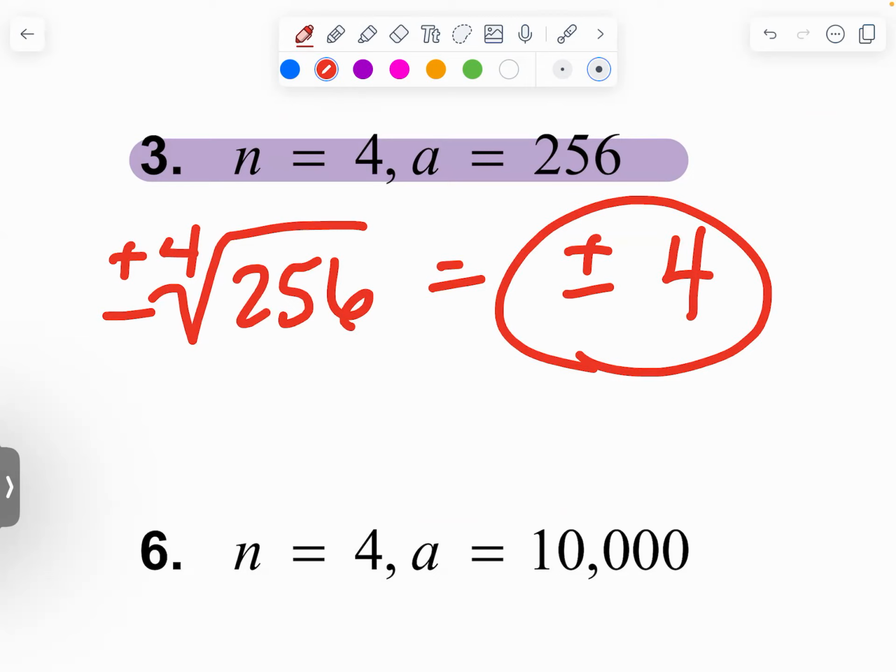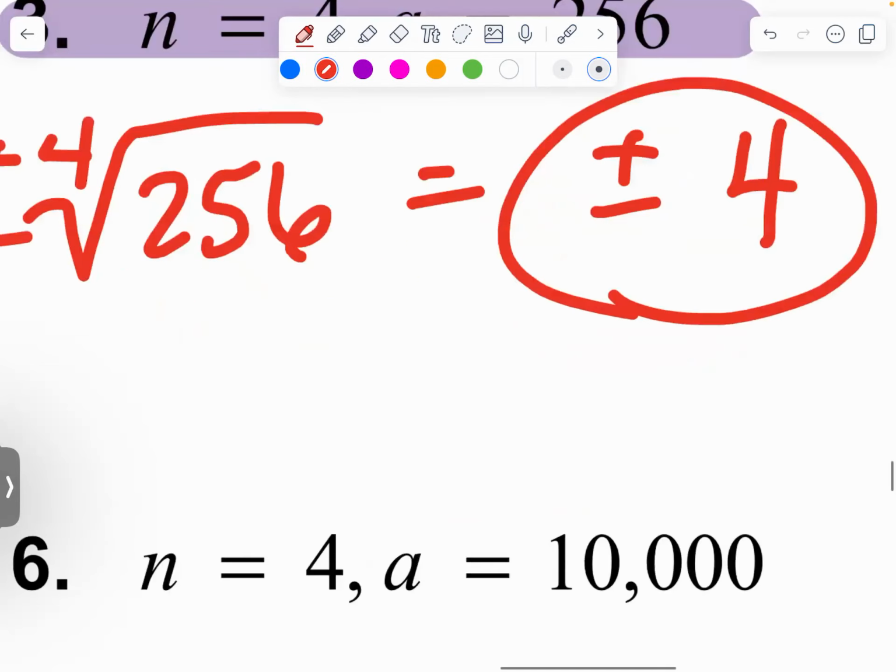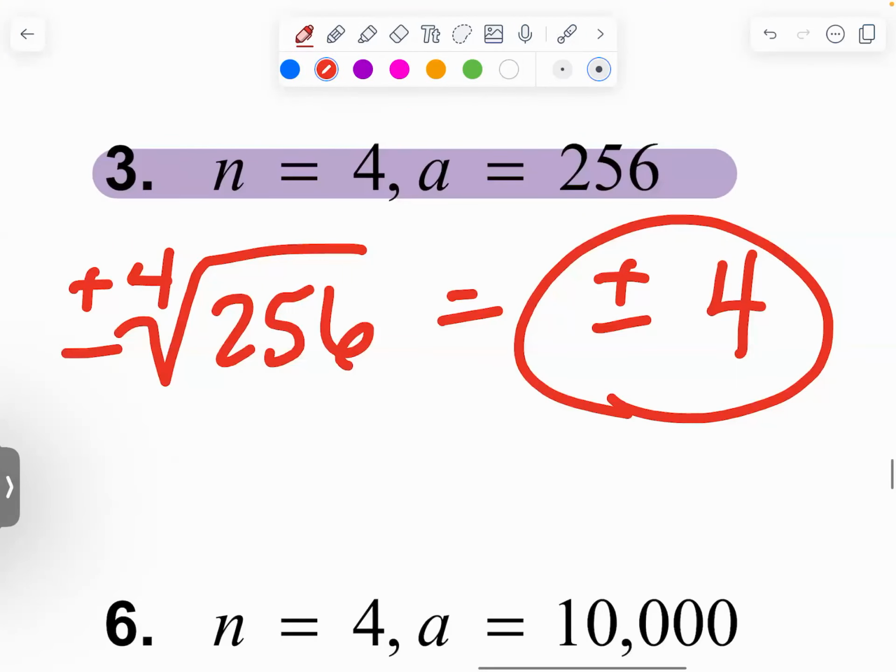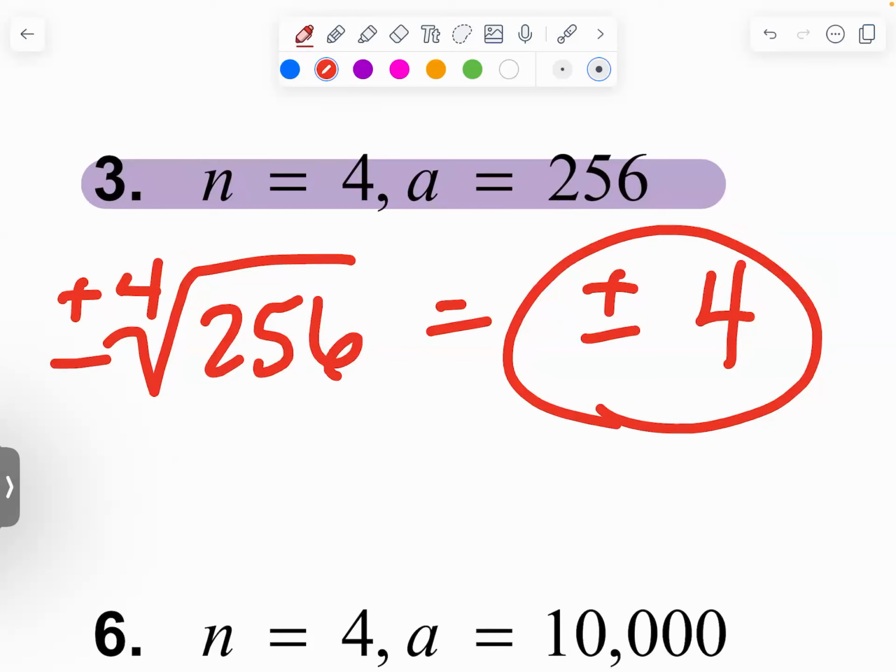You need to try like 3 times 3 times 3 times 3, until you get familiar with some of the numbers. Just like a number like 4 times 4 times 4 times 4. Ooh, that's 256. Cool, that's my answer.